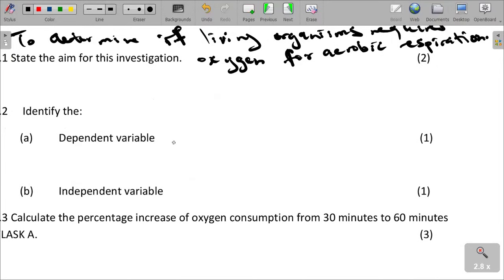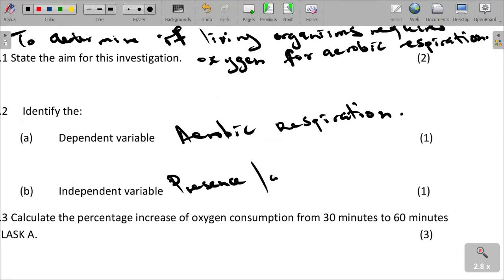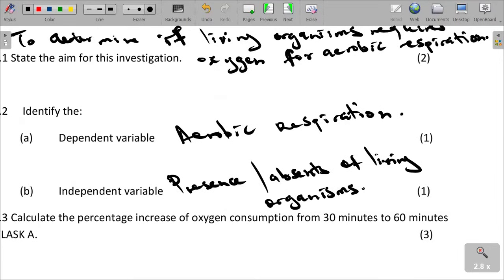So the dependent variable is aerobic respiration, and the presence or absence of living organisms is the independent variable.